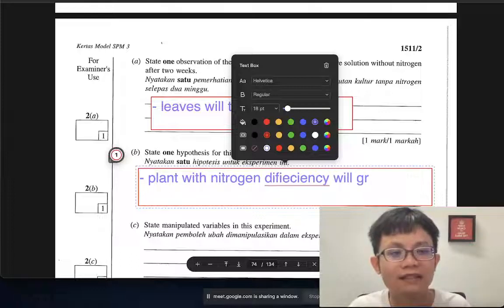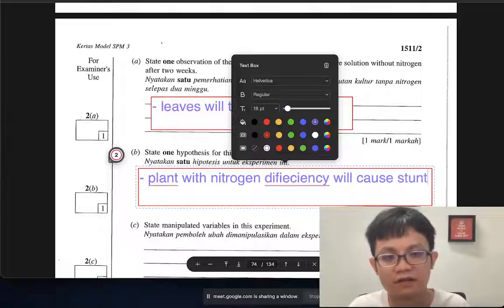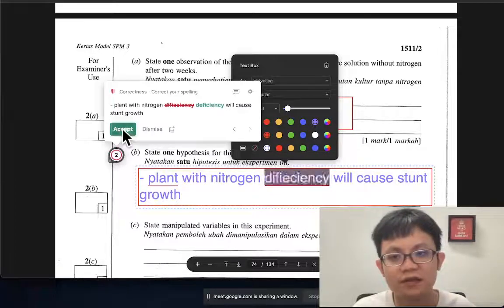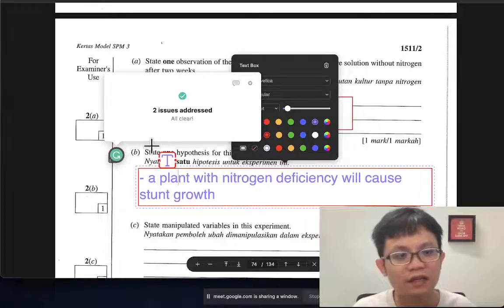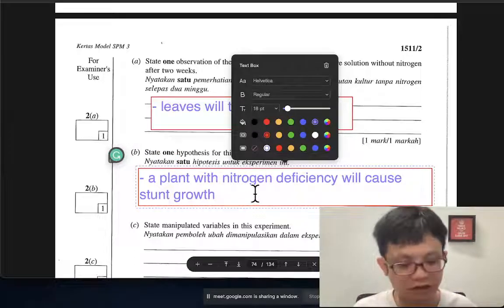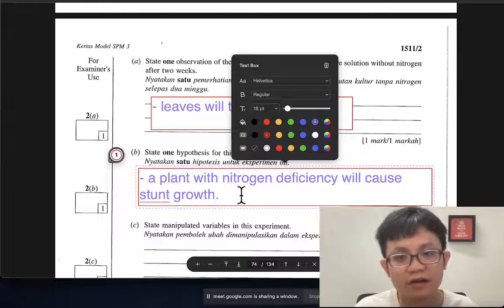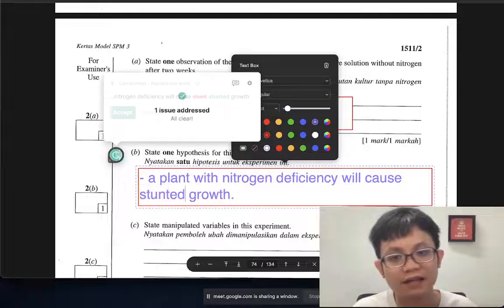Actually, the thing is, it is not grow yellow leaf. Stunted growth. Nitrogen deficiency will cause stunted growth. So this is the hypothesis. Because you can say yellow leaf, and I think maybe the teacher will give correct, but that's not the main point.